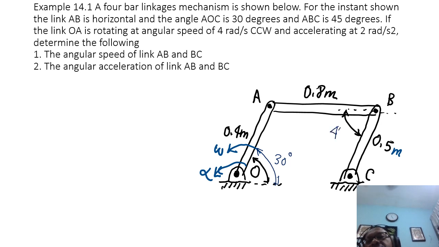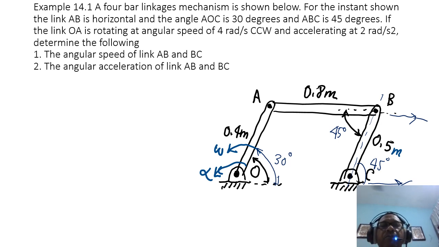This line is parallel, so this angle is also 45 degrees. I just put here omega 4k, also 4 radian per second, and alpha equals 2 radian per second square. I set all the data that we have.